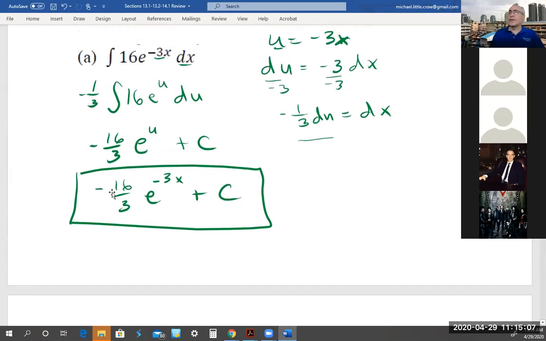Now, after you've done this a few times, you might see that when you integrate this, you just divide by negative 3, and that's really all that happened. The 16 came along, we divided by negative 3. Okay, so they've got some rules, a sheet of them, where you could memorize these if you wanted to.